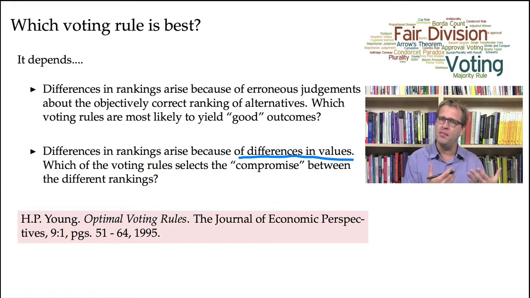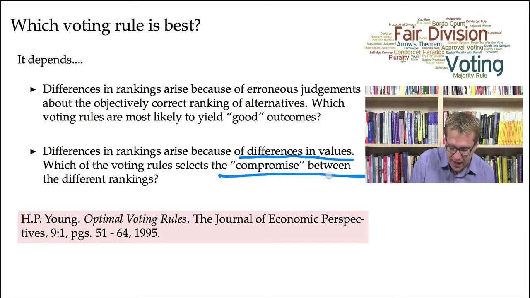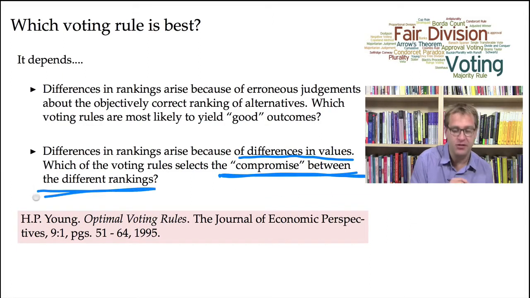Or even if they agree about a common objective, they may evaluate the alternatives differently. They may evaluate the alternatives on different scales. So the goal here is not to find some objectively correct ranking, because that doesn't even make sense. The goal here is rather to strike a compromise between the different rankings. So the question becomes, which of the voting rules selects the best compromise between the different rankings?